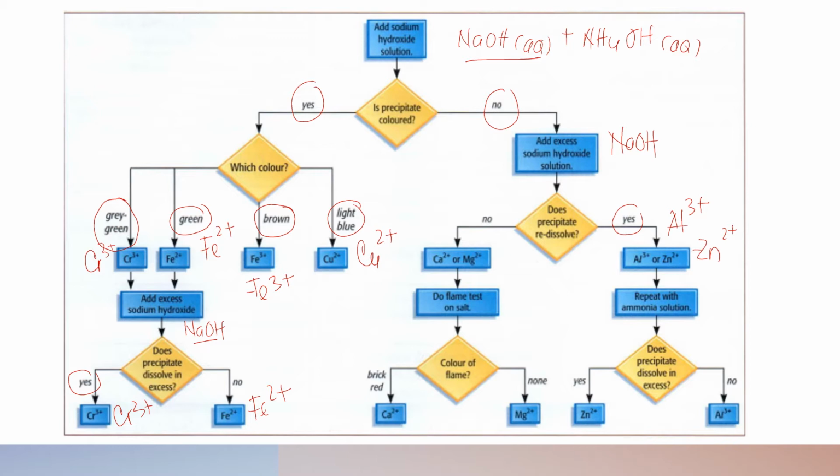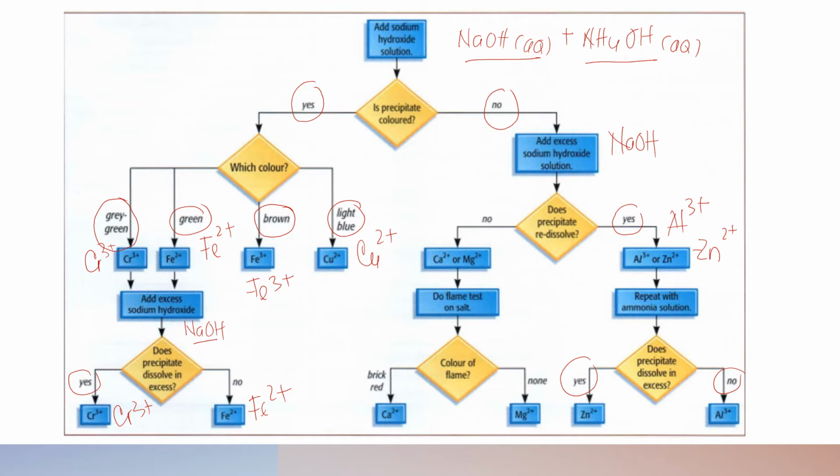Then, to differentiate between Al3+ and Zn2+ ion, we repeat the experiment by adding ammonia solution. The zinc will dissolve; the Al3+ ion will not dissolve.